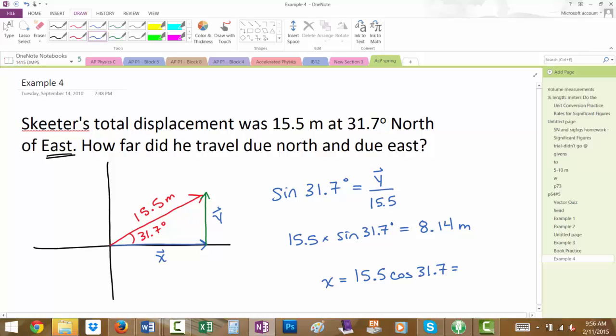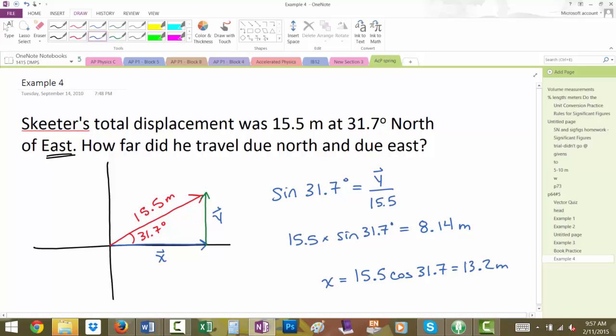Yeah, so I think I would do 30.7, and then multiply that by... Did you figure that for your... Are you okay? Yeah? What did you get for the x piece? 13 point what?